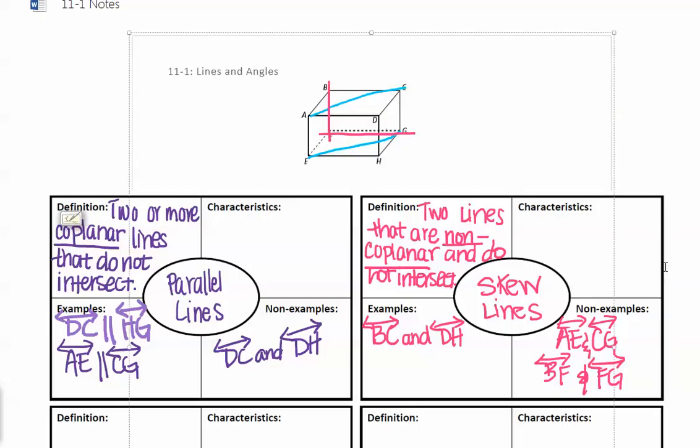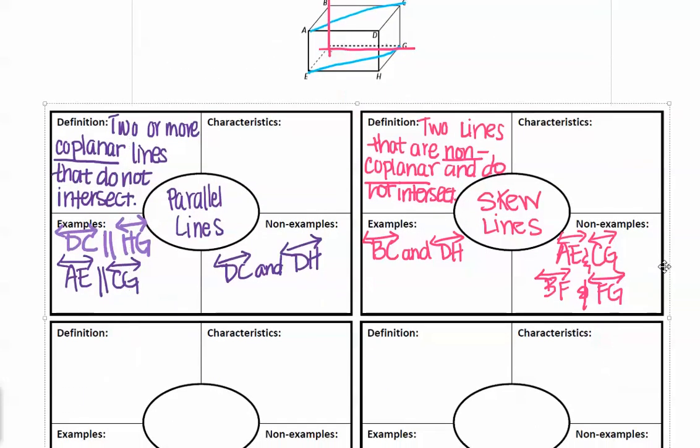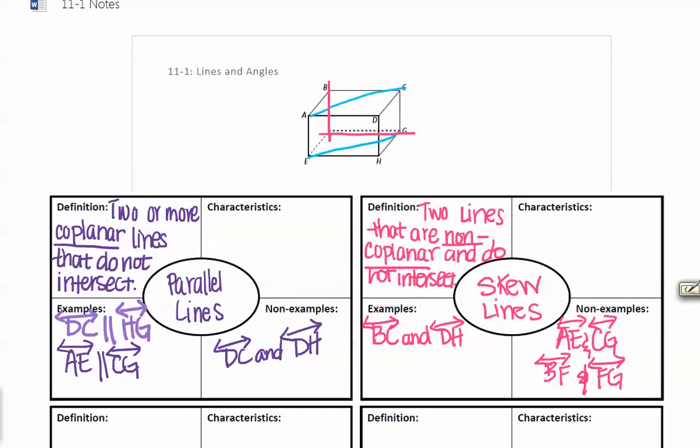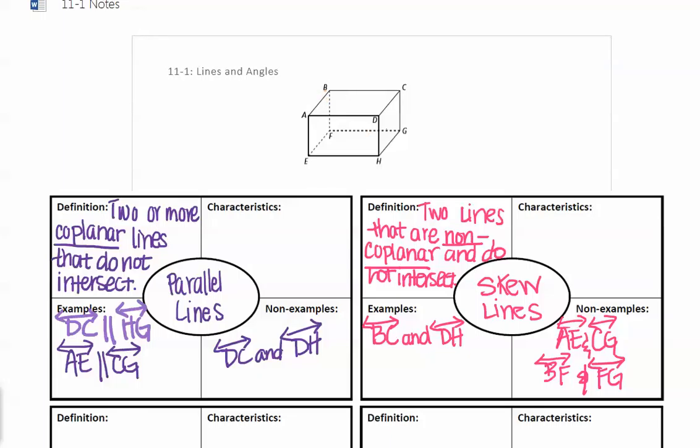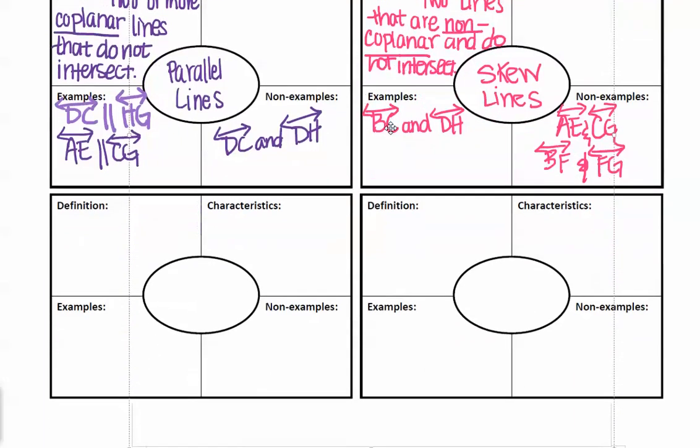Now, the other case we have is what if they intersect? Well, we just call them intersecting, but we want to focus specifically on lines that intersect at a 90-degree angle, which we already have a name for, and that is perpendicular. So BF and FG come together at a right angle. This is assuming that this is a rectangular prism box, so all the angles are right angles.